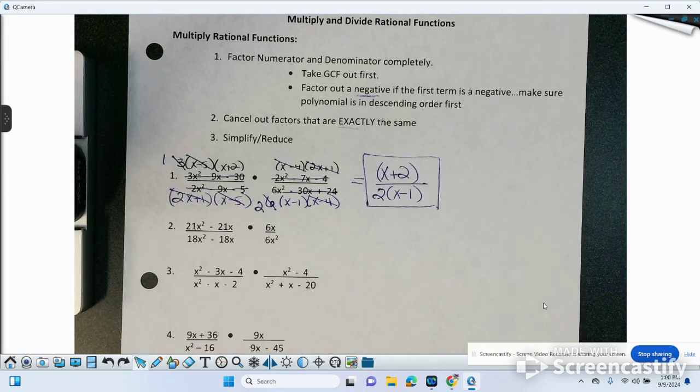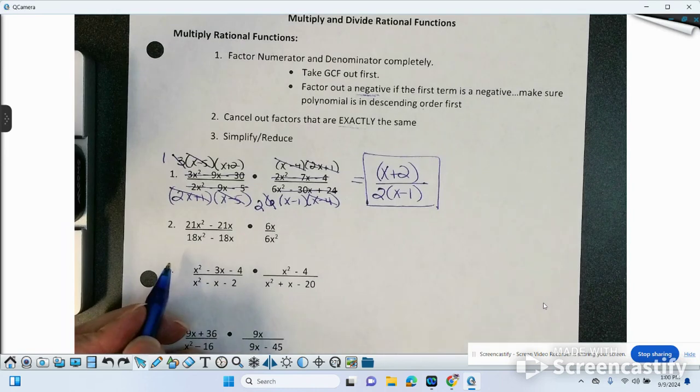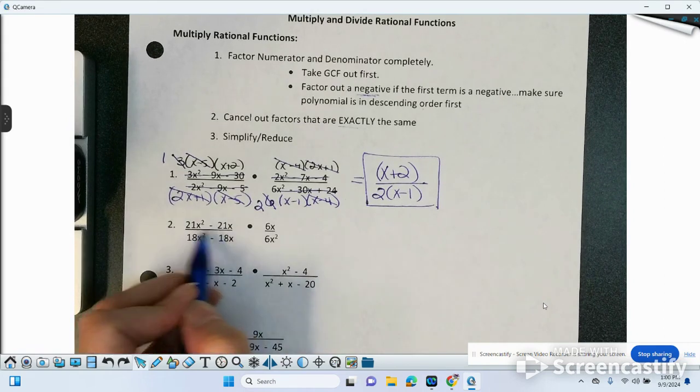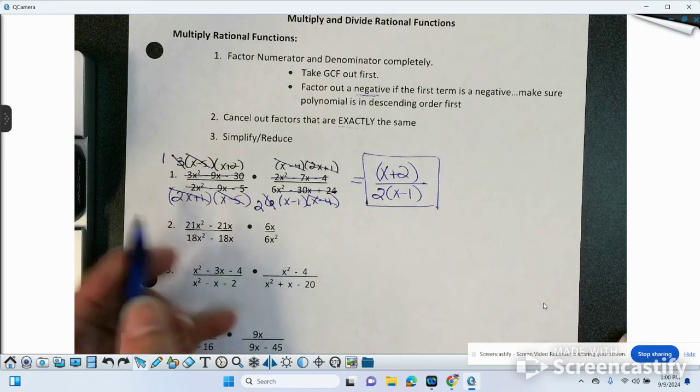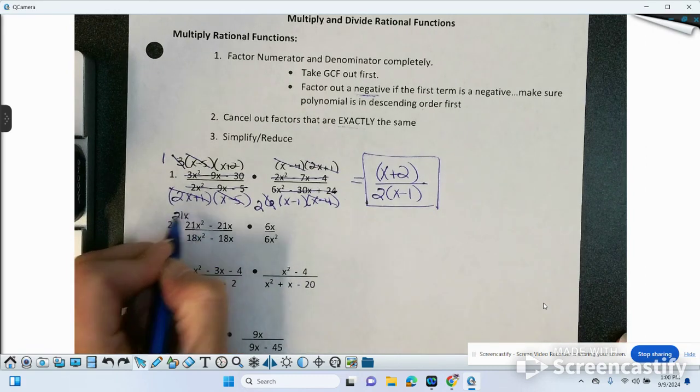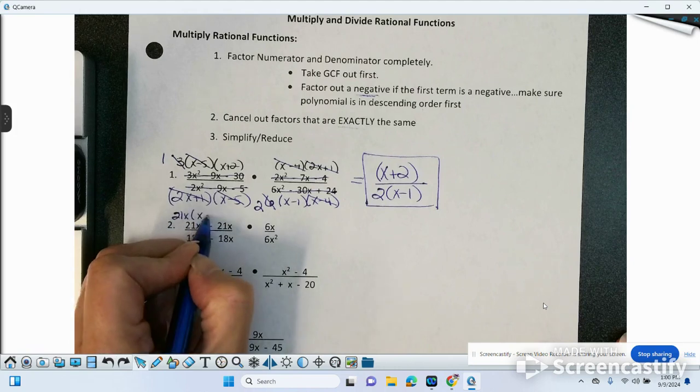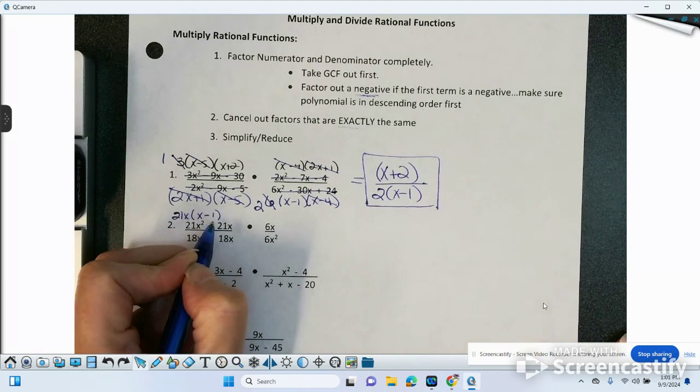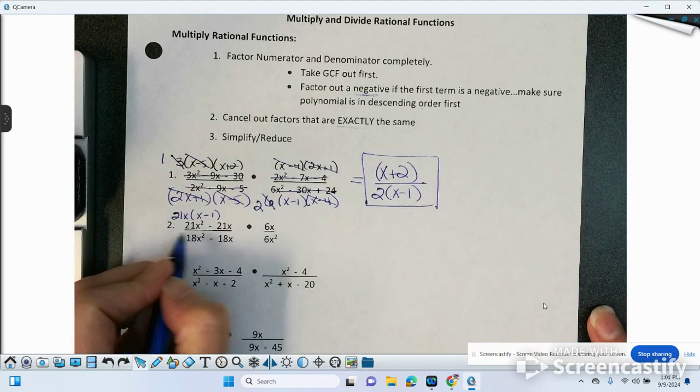So as you look at these, again, the hardest part is going to be the factoring part. So the multiplication part is fairly easy. In this one, you can factor out a 21x. So if you factor out a 21x, I'm going to be left with an x minus 1. And in the bottom, I can factor out an 18x.